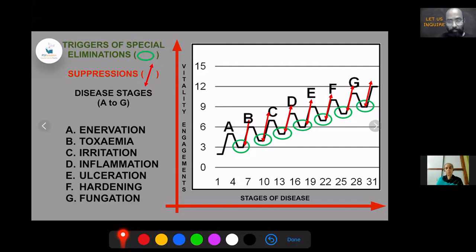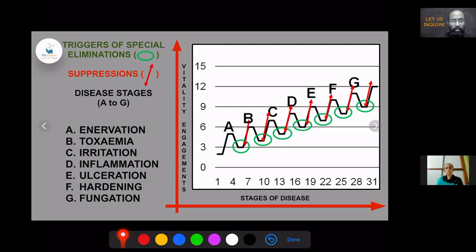If you closely look at any disease, you will find some elimination or other going on. Elimination means reducing the toxin burden. Whatever is unneeded is being eliminated.